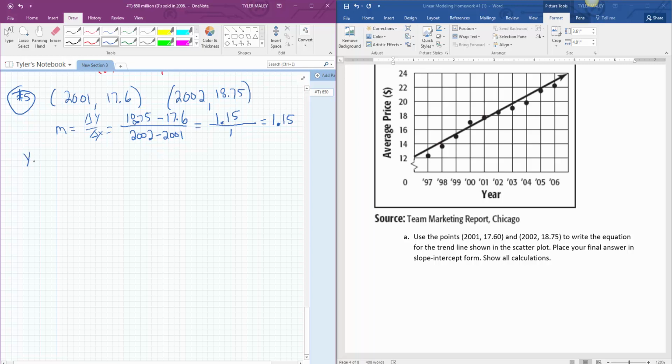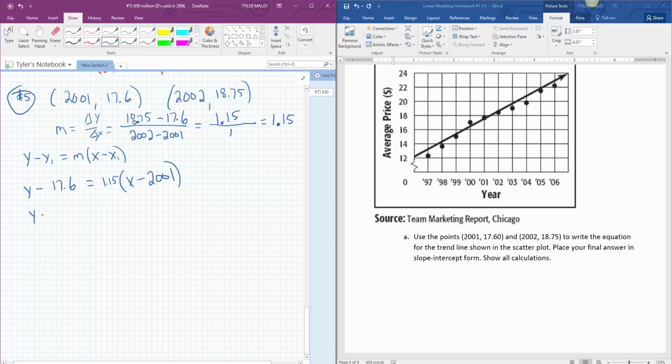So I would want to do point-slope form. So y minus y1 equals m times x minus x1. Then we can plug in 1 point with the slope to find the equation of a line. So I'm just going to plug the first one in, right? So I'd have y minus 17.6 equals my slope 1.15 times x minus x1, which is 2001.